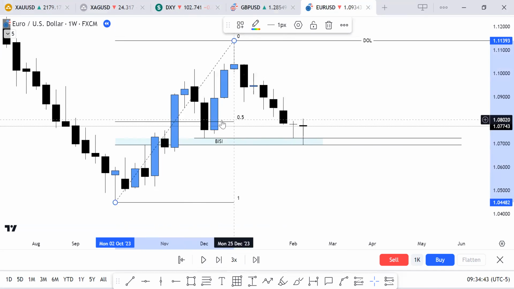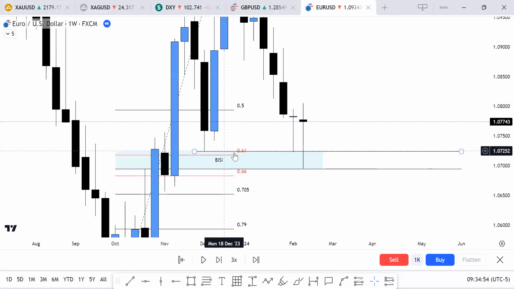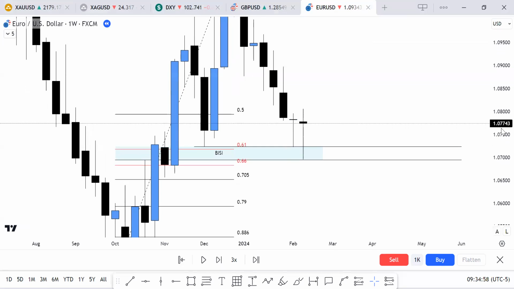And as you see, discount, premium price, discount price, and this is going to be our OTE as well. The 61 to 79 is our OTE level, and I personally prefer these two levels as the best, like golden zones for me.